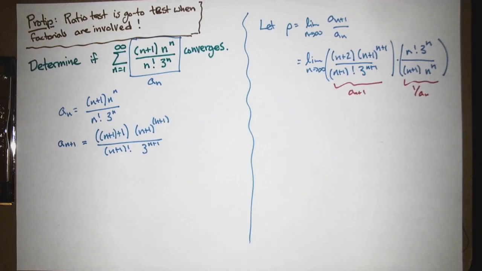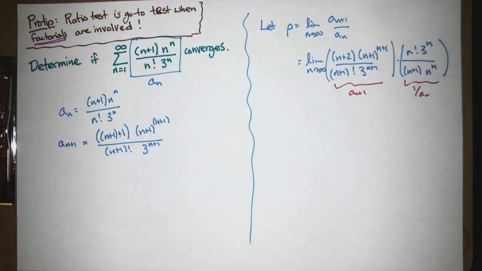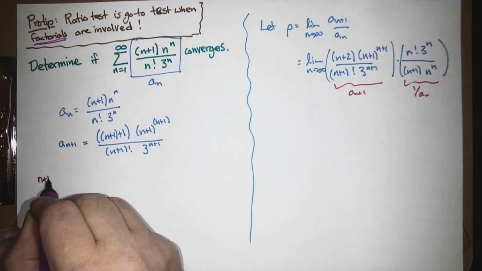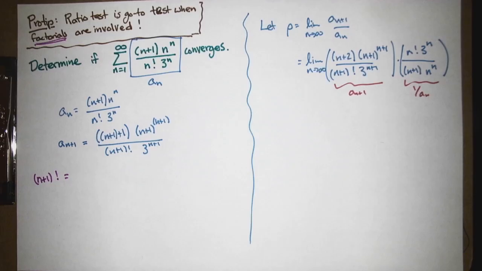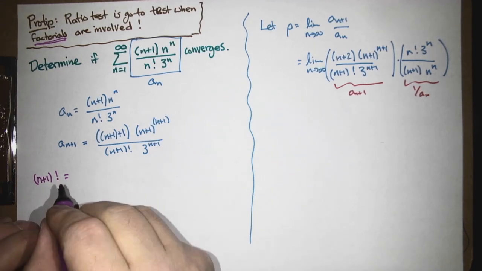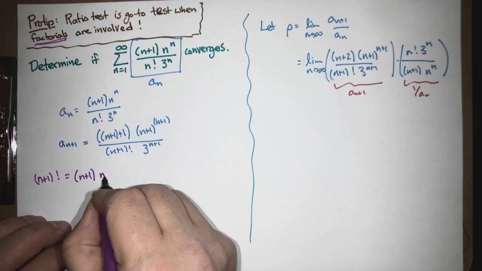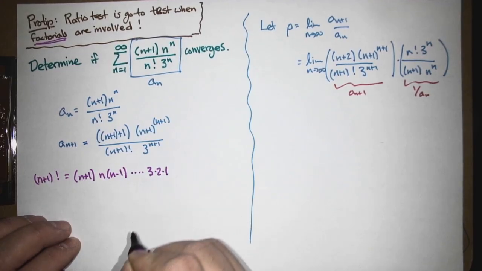So now let's talk about why factorials work so well with the ratio test. Well, let's think about n plus 1 factorial. Just think in general in factorials, it means you're starting at n plus 1 and you start multiplying. So you have n plus 1, then you have n, then you have n minus 1, dot, dot, dot. So if you write this out, it's the product of a lot of things: n plus 1 times n times n minus 1, all the way down to the end.